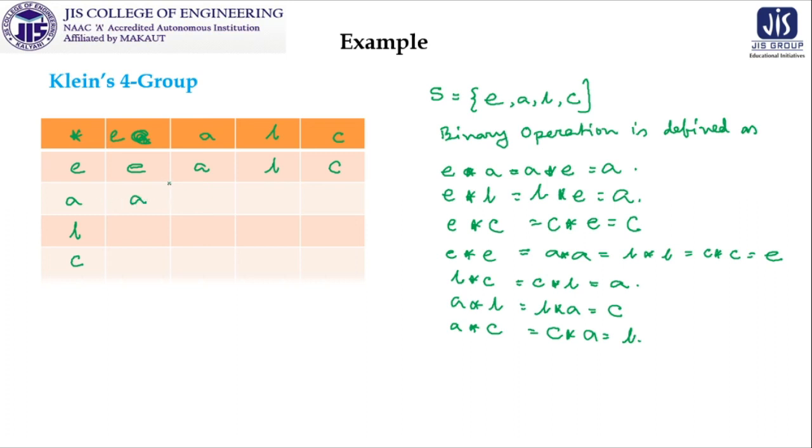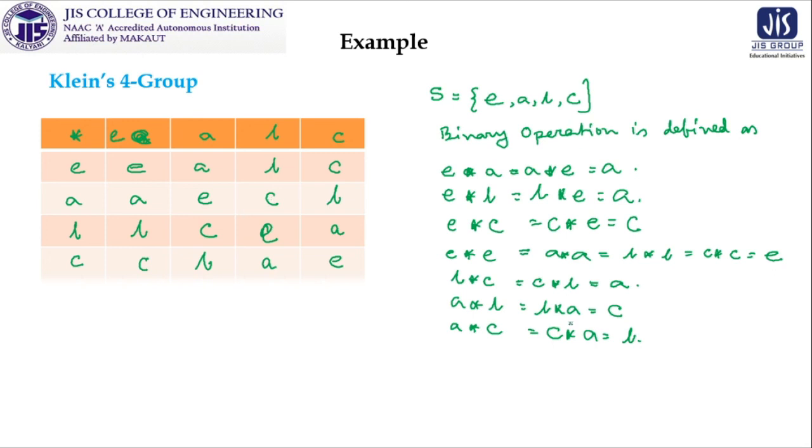A composition A, E, A composition B, C, A composition C, B. Similarly, it will be B, C, B composition B, it is given as E. Look at this, B composition B is E, and B composition C, it remains A. And for the last operation, C, then B, then A, and then it is C composition C, it will be E. So this is our whole structure.